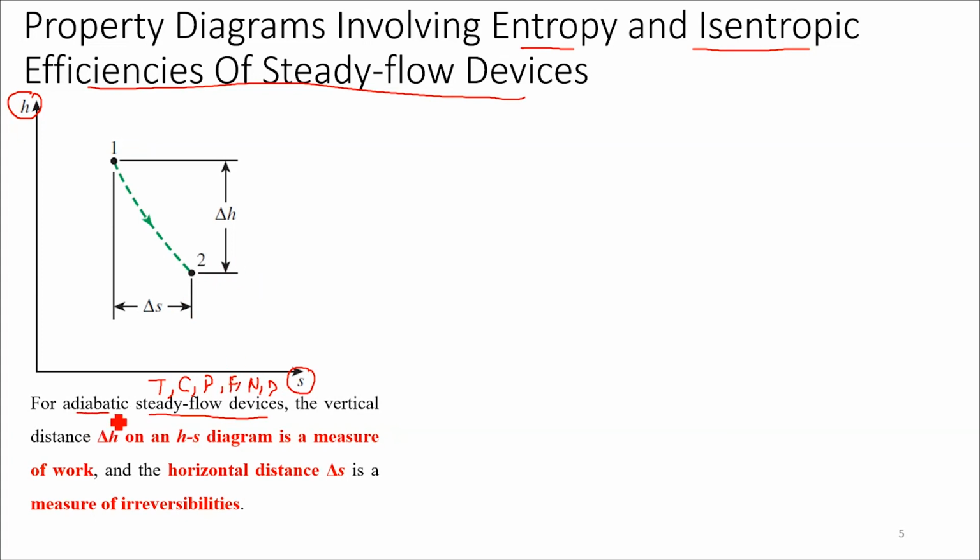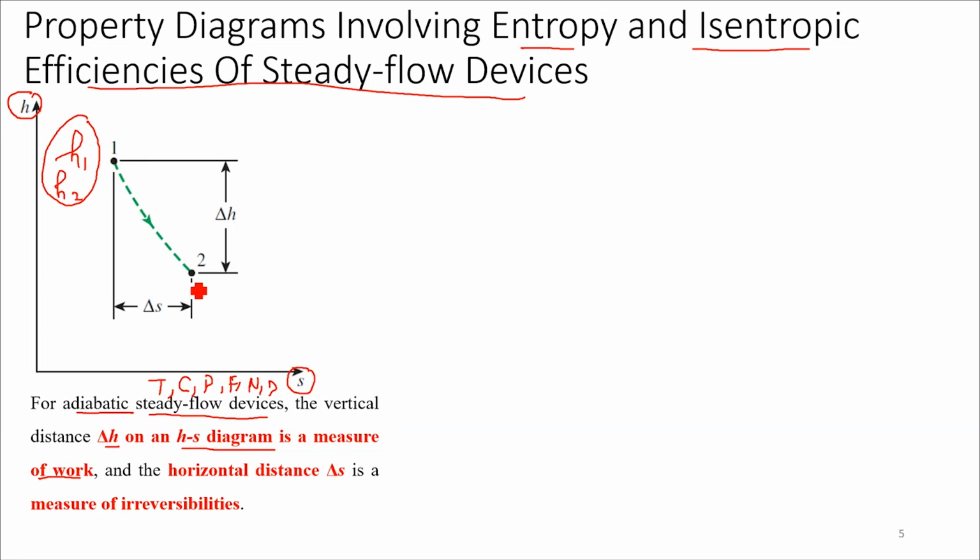If you have a steady flow device having an adiabatic process, then on an enthalpy-entropy diagram, the vertical distance delta H is a measure of work. So the difference between H1 and H2 would give you the work that is either being provided by your device, or consumed by your device, depending upon which way you are going.